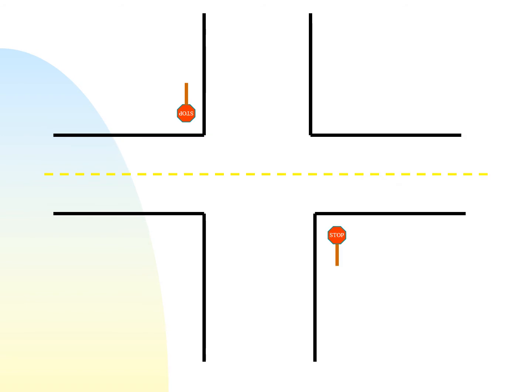We then get to this intersection and we say we're not onto or toward. There isn't a single route without a stop or yield sign, but there also isn't a single route with a painted center line. So therefore, none of those rules apply. We have to ask what the next one is.